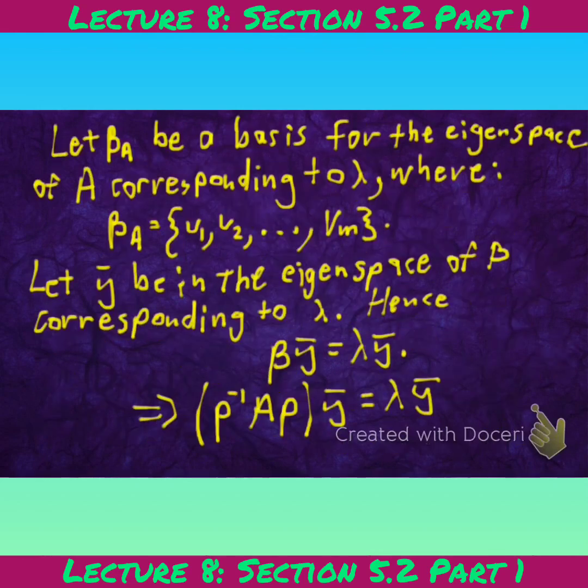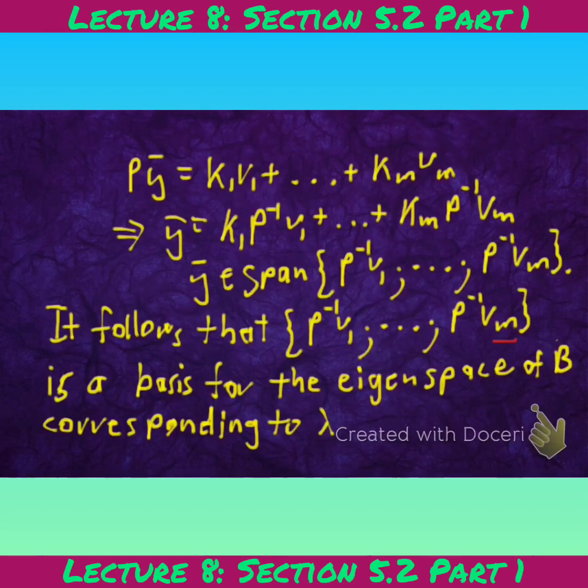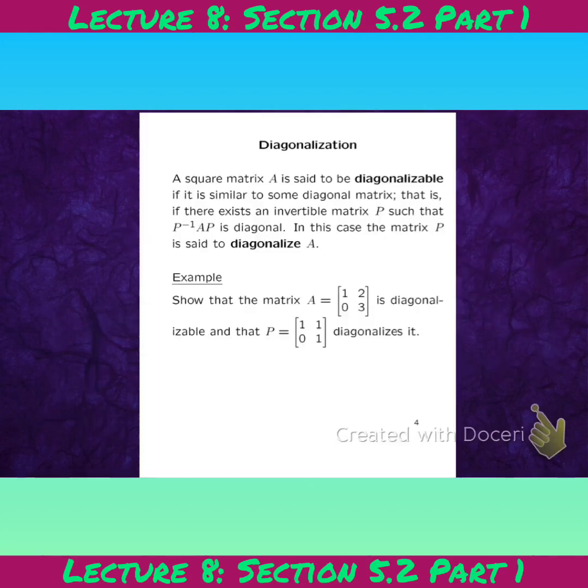Now if we go back to the dimension of my eigenspace of A corresponding to lambda, you see that there's equality there. So therefore the dimension is the same, and that proves the property.